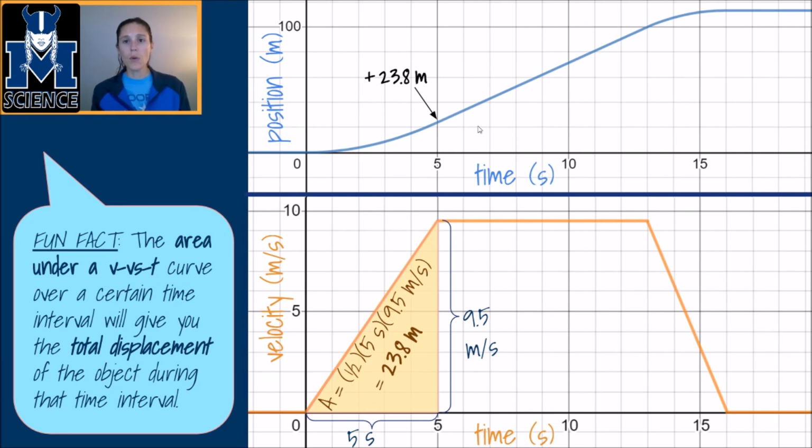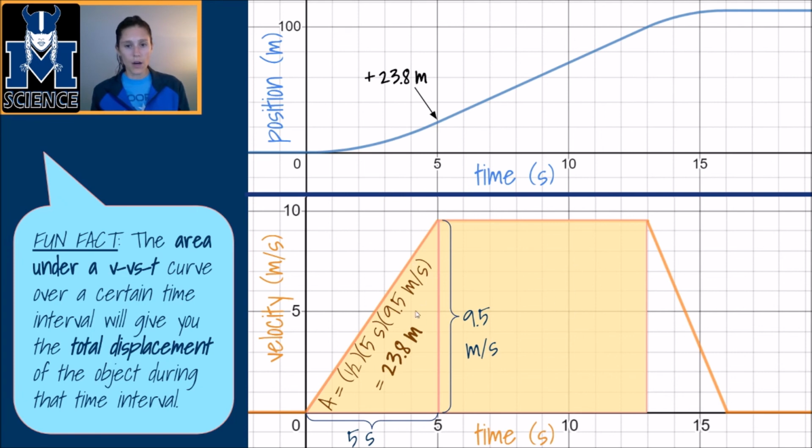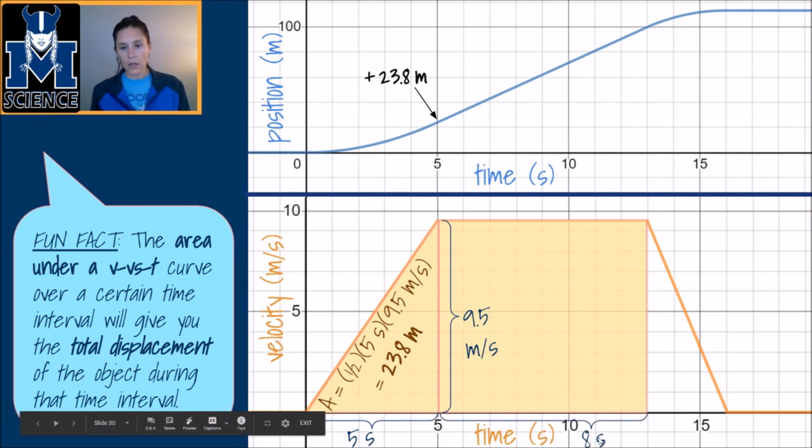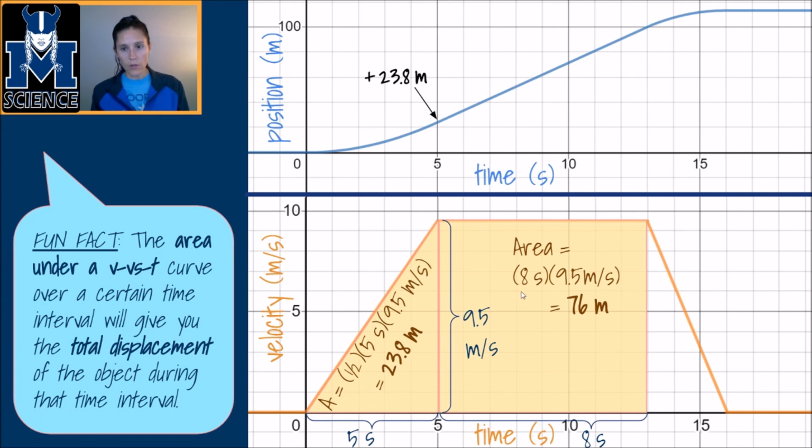Okay, let's say we wanted to know how far the runner was after 13 seconds. So then we would need to add the area of this rectangle to the area of the triangle. Okay, so this rectangle, it has a side length of 9.5 meters per second, and it has a base of 8 seconds, or a length of 8 seconds. So again, we take the area, so we take 8 seconds times 9.5 meters per second.